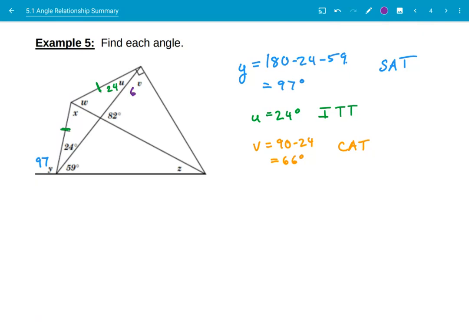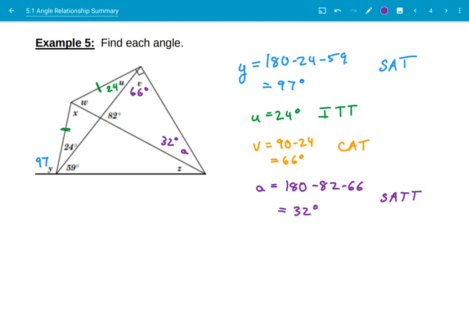I'll add that in. I'm going to add a letter here. Can you get that angle there? It's not asked for, but we can get it. And that is 32 degrees. Add that in.